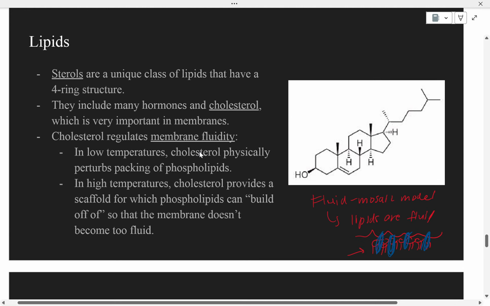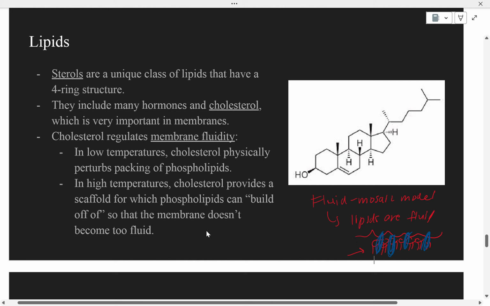And by doing that, when it's too cold, the phospholipids are trying to get really close together and compact and freeze up. But the cholesterol physically separates the phospholipids so that they won't get too close together. So in low temperatures, cholesterol will keep the membrane fluid enough so that it can still function as normal.